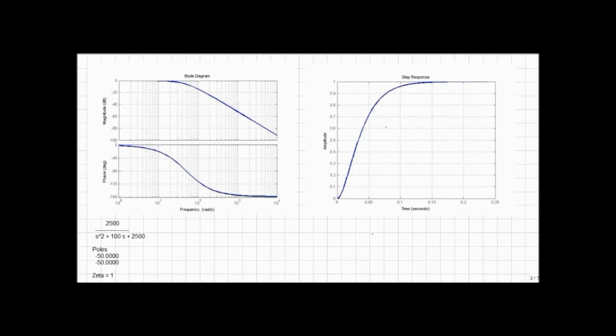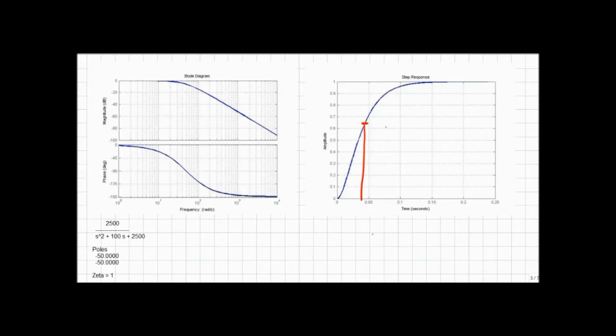Again, the step response almost looks first order-ish, but a real first order would have gone up like that, and you're seeing this hooky shape down in the bottom here. So something's weird. If I tried to do my 63%, I'd come up with about 0.04.